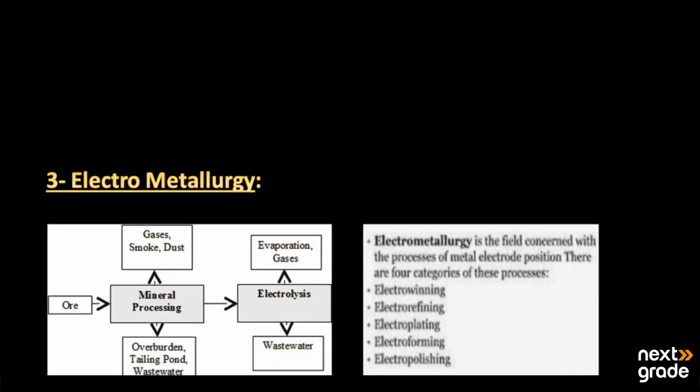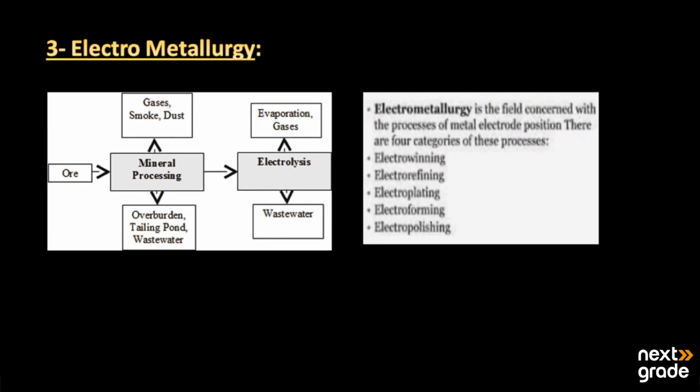Then we have the third method, which is electrometallurgy. In the process of electrometallurgy, when we have an ore, its gas particles like smoke and dust are removed. Then there is a mineral process. In the mineral process, we have electrolysis, evaporation of the gases, and then the waste water is removed in this method.